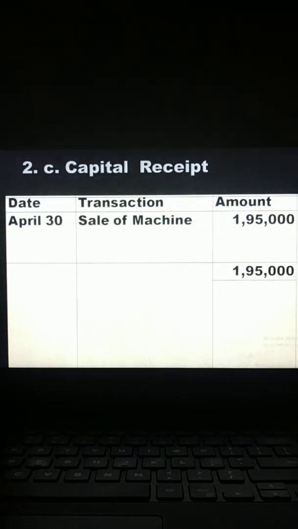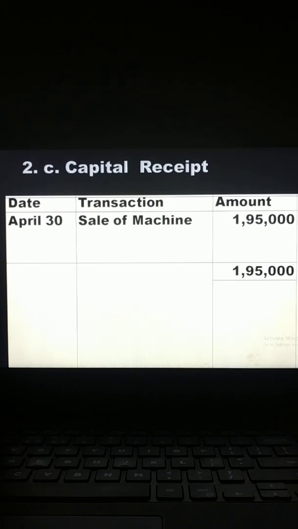Dear student, our next topic is capital receipt. Capital receipt is a kind of receipt which we receive irregularly. That means this type of receipt will not occur in an organization on a regular basis.